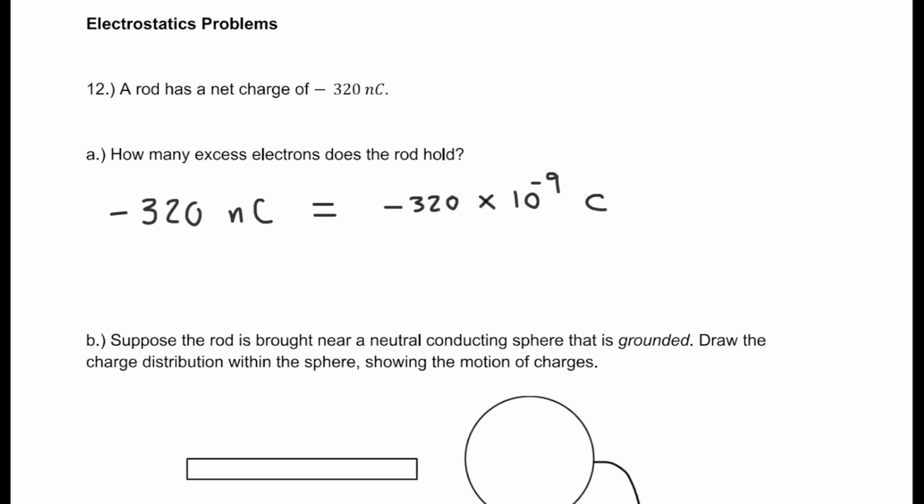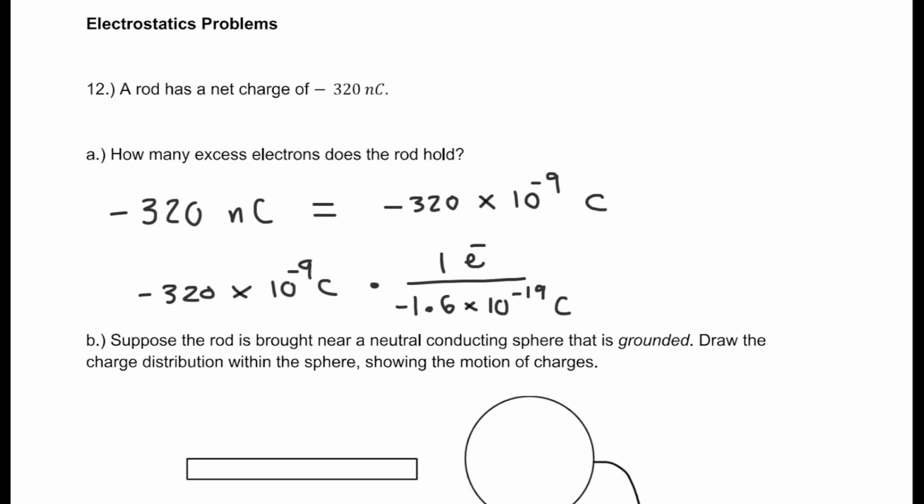And then I can use that fact to see how many electrons divide into this number, because just looking at our data table of constants, we're given the fact that one electron is worth 1.6 times 10 to the minus 19th coulombs of negative charge. So this division gives us our answer of 2 times 10 to the 12th excess electrons on the rod.